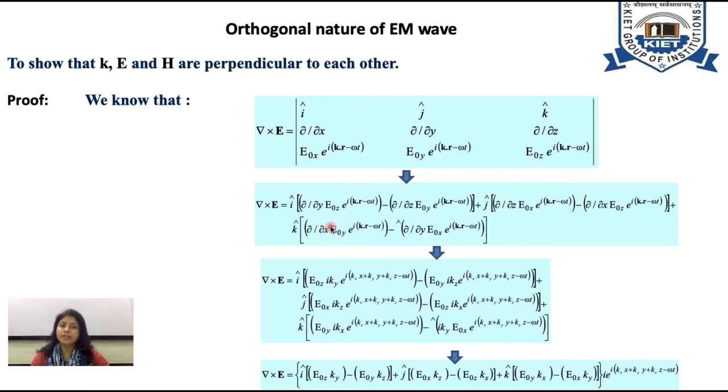Then after operating del by del x, del by del y, del by del z on this equation, we get this equation. Then del cross E is equal to i (E naught z ky minus E naught y kz) plus j (E naught x kz minus E naught z kx) plus k (E naught y kx minus E naught x ky) into e to the power i (kx x plus ky y plus kz z minus omega t).